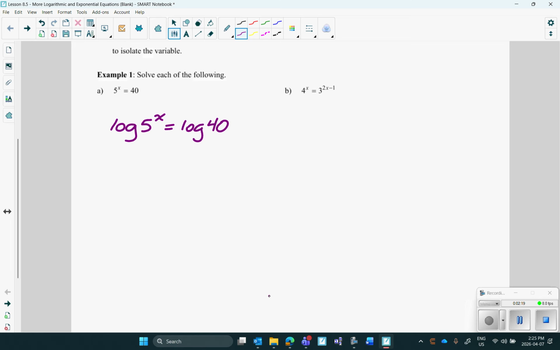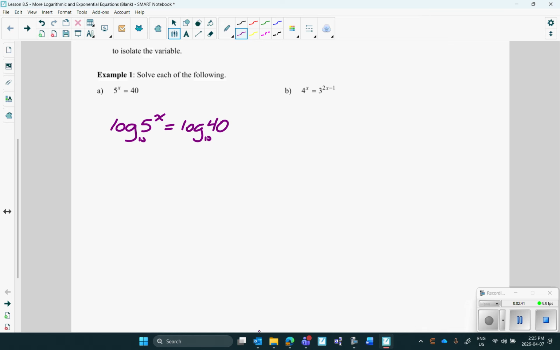And when I say log both sides, notice I didn't specify a base. What base do I mean then? 10. Because we're going to have to use a calculator for these questions. Because we can't write 40 as a power with base 5.